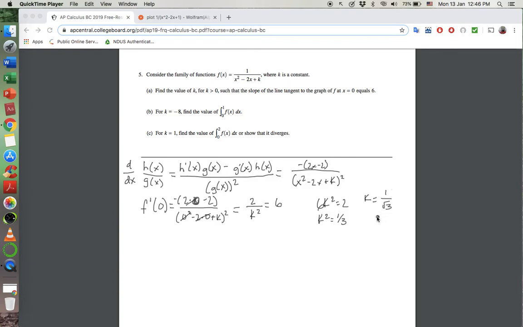Remember, the square root of 1 is just 1. And we can rationalize the denominator if we want to by multiplying by root 3 over root 3, or simply multiplying by 1. And we get k is equal to root 3 over 3. Or you could leave it as 1 over root 3. Either way is fine. Moving along to B.